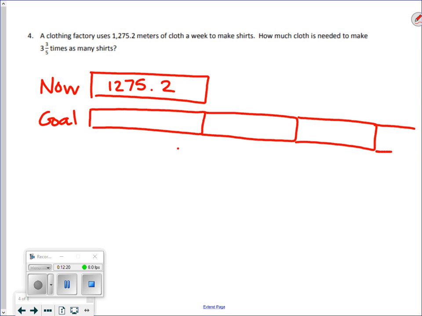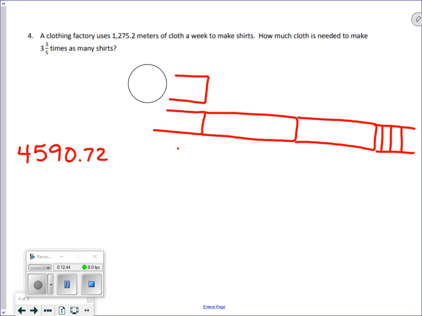I ran out of room. How much cloth is needed? The easiest way to do it.